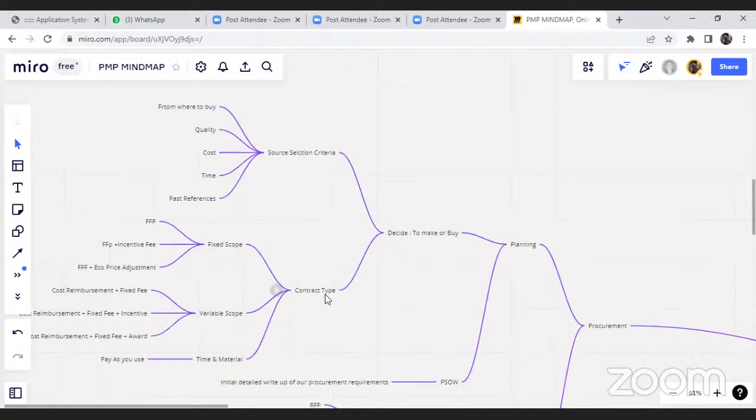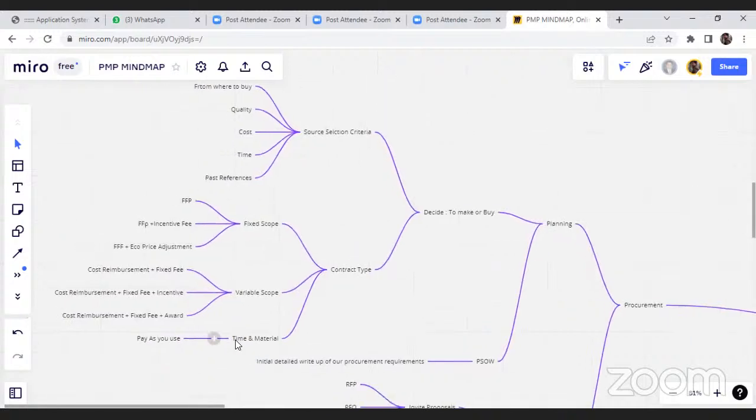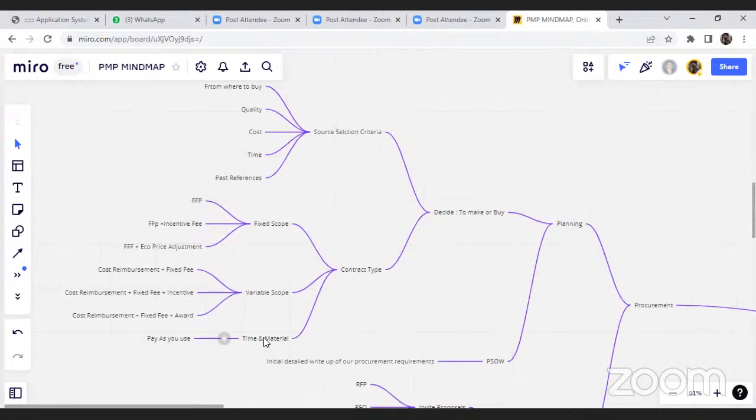Then we come to the type of contract, where we have 3 types of contract. First is fixed cost, second is cost reimbursable, and the third one is time and material. In fixed cost, you have 3 types: firm fixed price, fixed price plus incentive fee, and fixed price with economic price adjustment.